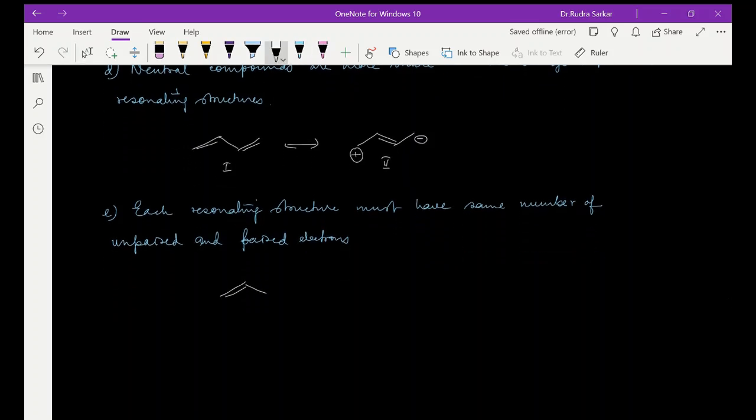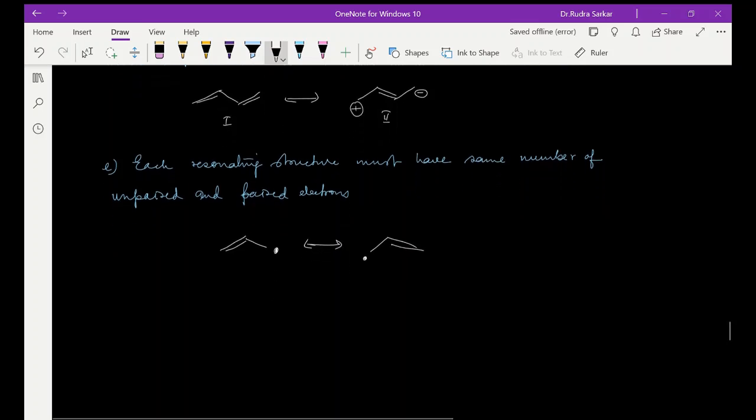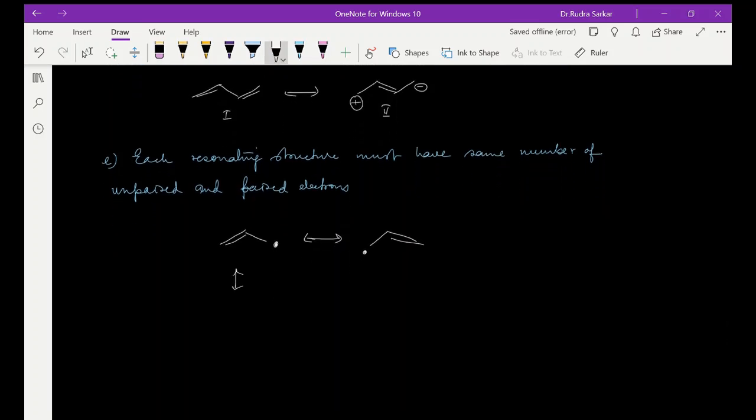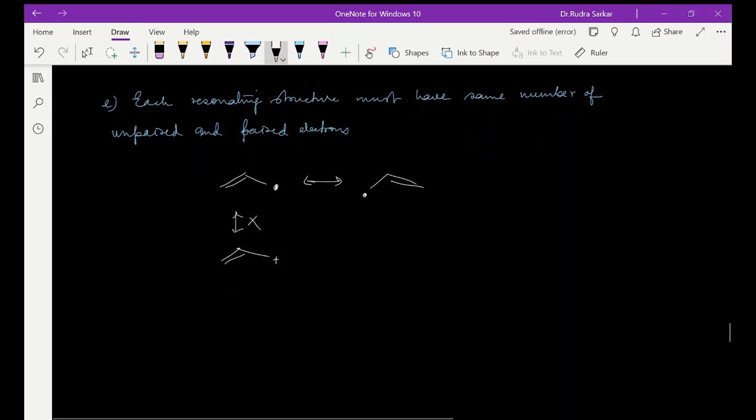So suppose we take an allyl radical, its resonating structure will be one that also has a radical. However, this one cannot be a resonating structure of the above allyl radical, okay, because there is one electron that is missing.